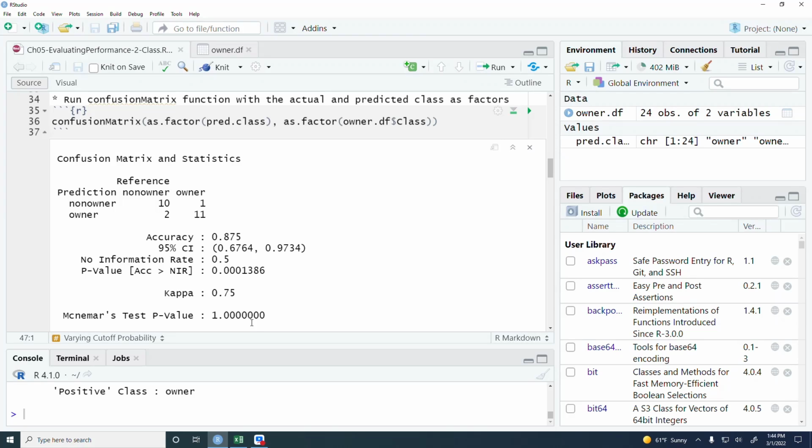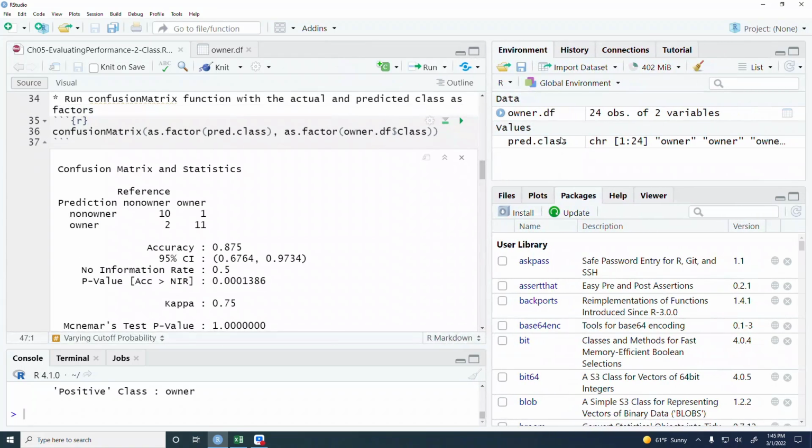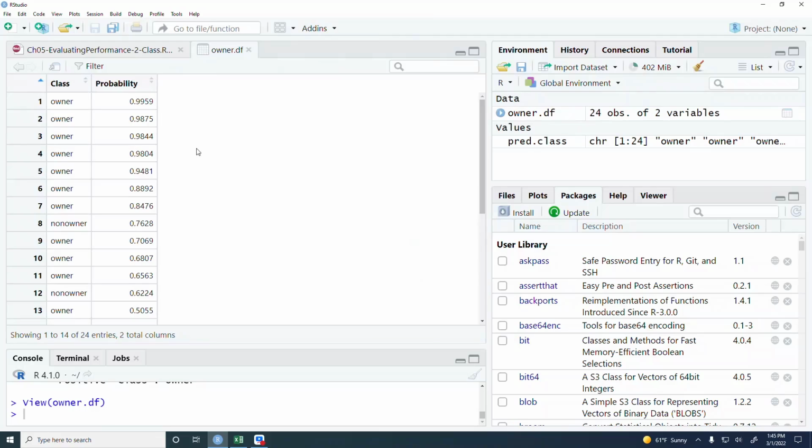But the probabilities are for owners, so you have to keep track of that. And if you look at the owner, we have the probabilities already given. Normally, those are probabilities that we have to generate using some kind of model. So we have short-circuited that part, which we will discuss the rest of the semester.